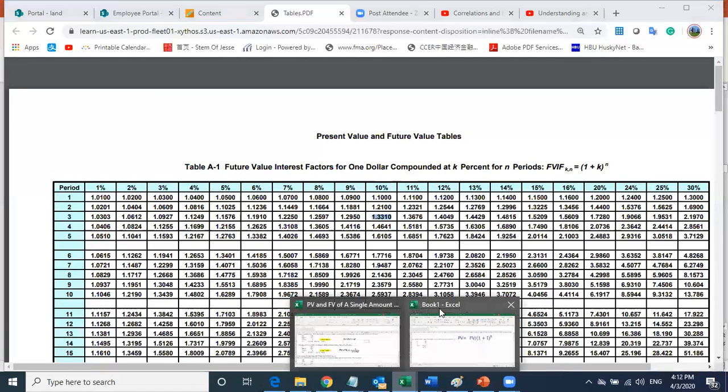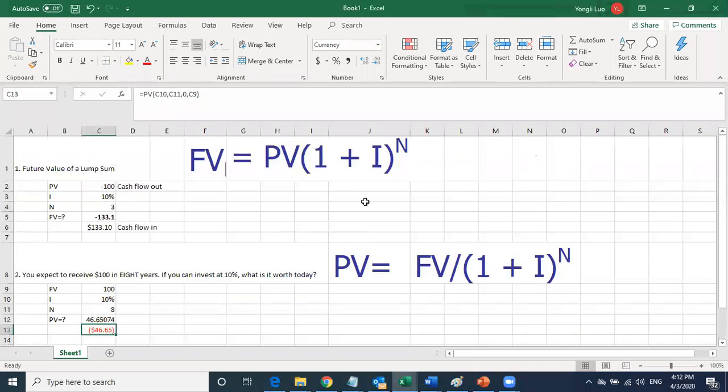Table A1 is 1.3310. Okay, this is what we do. The time value of money table we have, 1.3310 times your present value, which is 100. They just times 100.